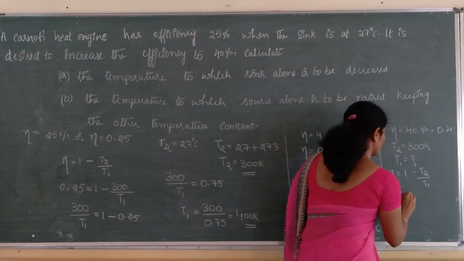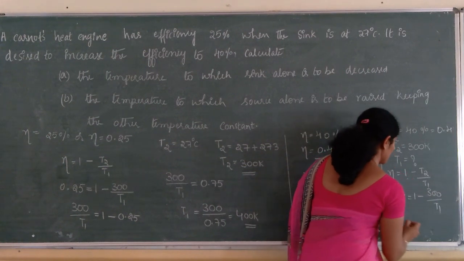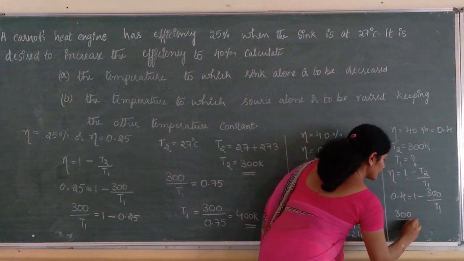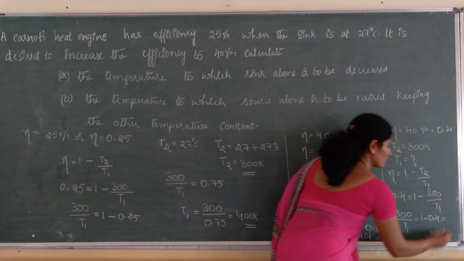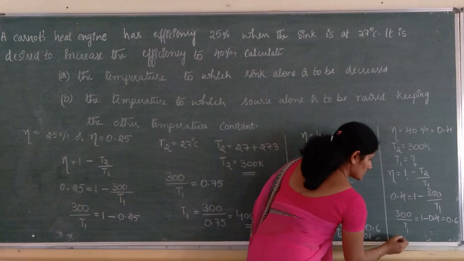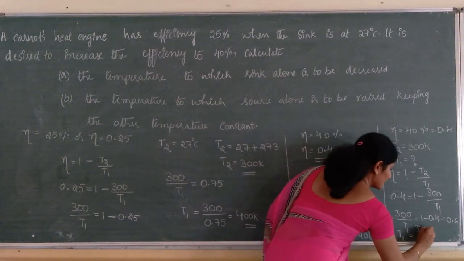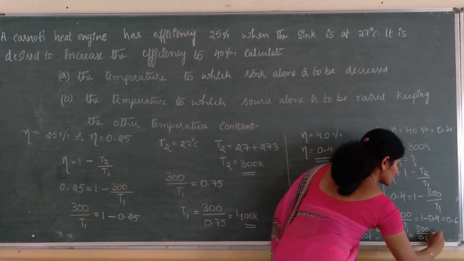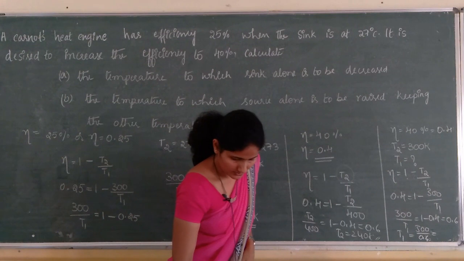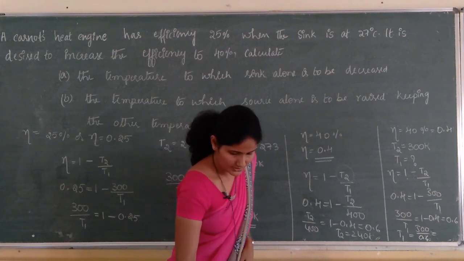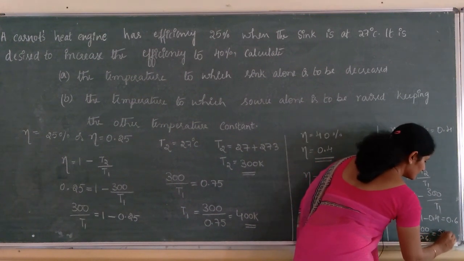Eta is 0.4, equal to 1 minus 300 by T1, or 300 by T1 is equal to 1 minus 0.4. 1 minus 0.4 is 0.6. So, T1 is equal to 300 divided by 0.6. This is 500 Kelvin.